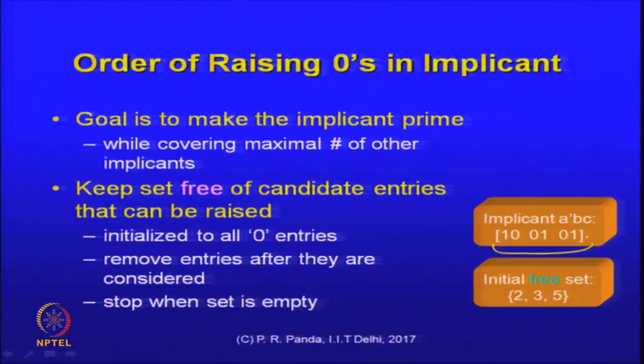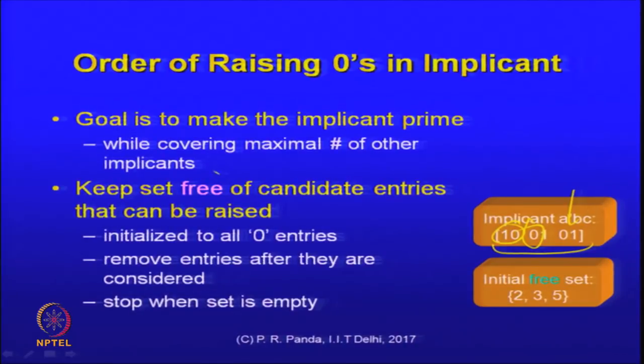So, some heuristic is also needed here for choosing the order in which the zeros would be raised, because at some point you have to stop. You start with this, perhaps it is okay, the next one it is invalid and therefore you will have to stop. On the other hand, if you had chosen the third one to start with, you would have arrived at a different expanded cube. So, that order is essential.